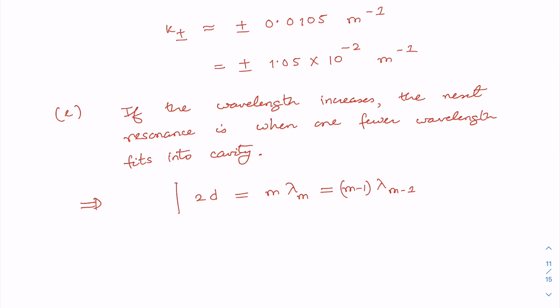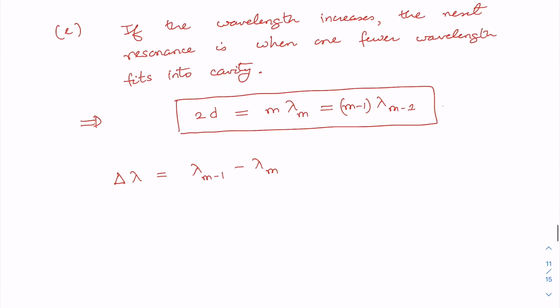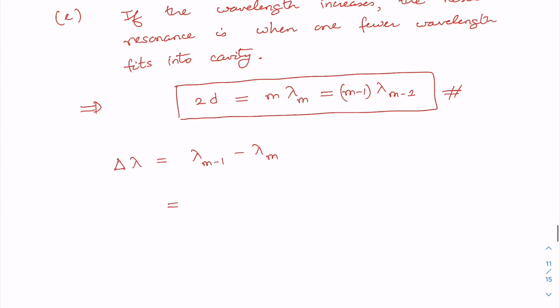So we can use this relation to work out the solution of this particular part, because delta lambda here is the difference between the wavelengths of the nearby resonances. This is lambda m minus 1 minus lambda m. Now using this relation here, I can write lambda m minus 1 as m divided by m minus 1 times lambda m, minus lambda m.